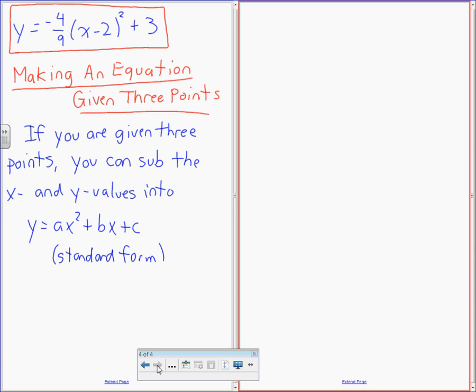So example 1 is going to say, make an equation given the points.